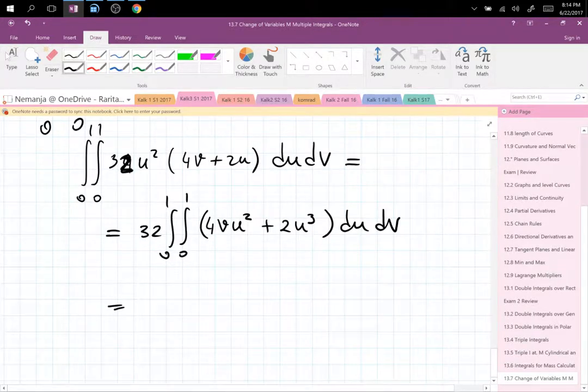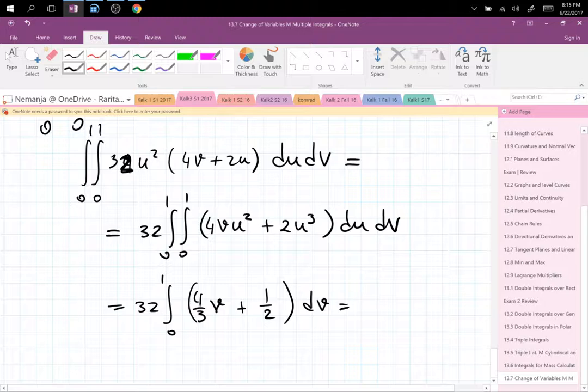So it's a really quick integral to compute. We have integration with respect to u first. So that's going to be 4/3 v, and then u is 1, plus 2u to the 4th, so u to the 4 over 4, it's just a half there, and you plug in 1. dv.